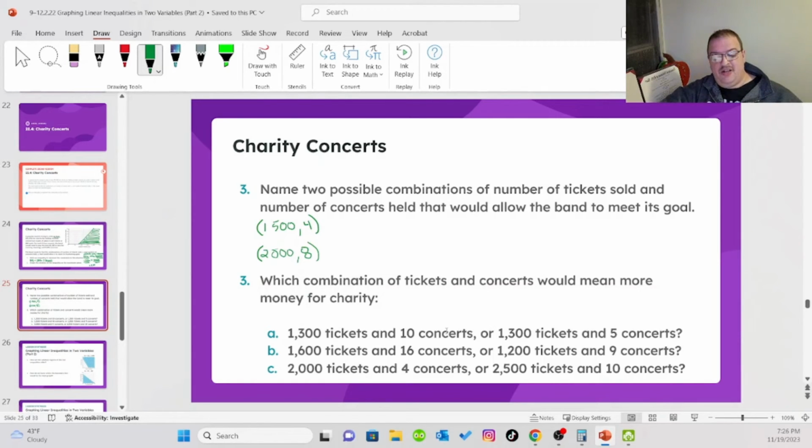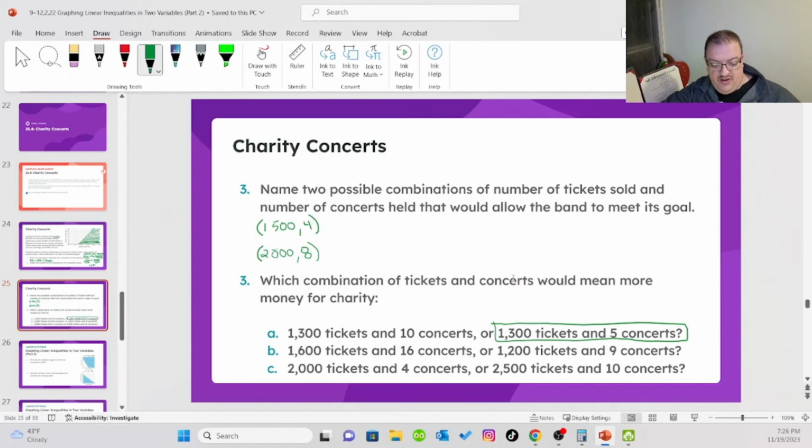But every concert I have gives me more costs that I have to pay for. So if I have to pay for 10 concerts, that's $12,500. If I only have to pay for 5 concerts, then that's $6,250, and there's more money left over. So for that one, this would be our better combination.